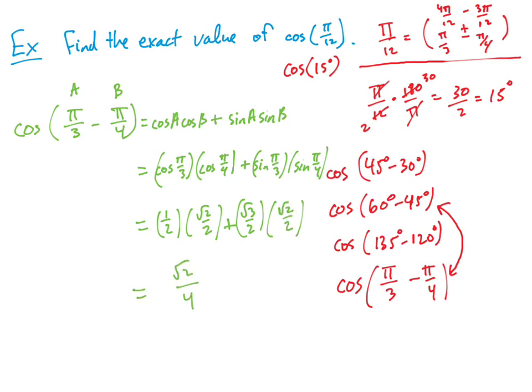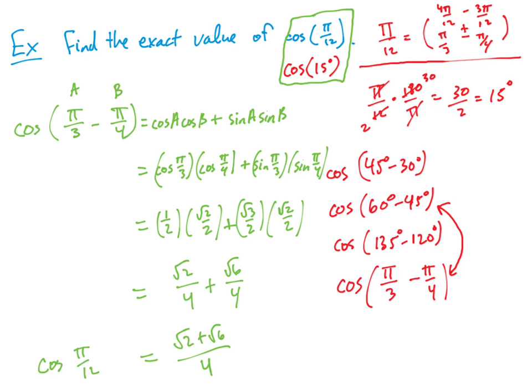Multiplying everything together, we end up with root 2 plus root 6 divided by 4, and that is cosine of pi over 12. So these types of problems are pretty straightforward. The tricky part is finding the angles that will sum or subtract to what's given to us.